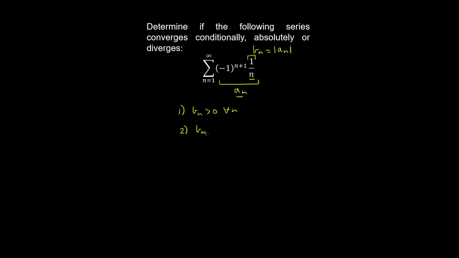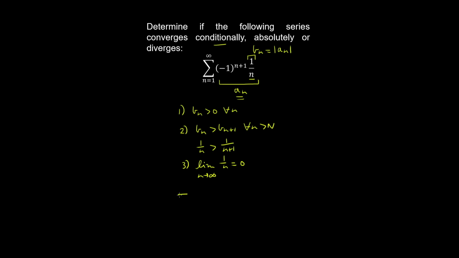And then we check if bn is greater than bn plus 1 for all n above some integer. Well, as we can see, 1 on n is greater than 1 on n plus 1 for all n. So this is satisfied. And then we check if the limit as n goes to infinity of bn is equal to 0, which is the case. So in other words, so far, the series an converges conditionally.